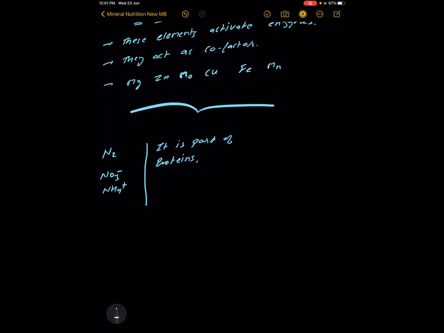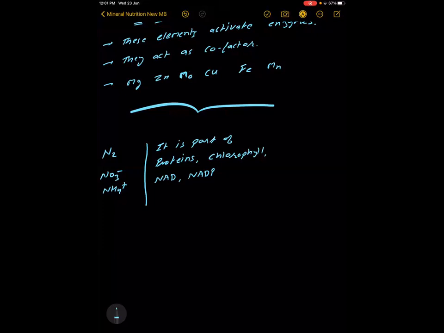It is part of chlorophyll. It is part of NAD and NADP. NAD means nicotinamide adenine dinucleotide; NADP means nicotinamide adenine dinucleotide phosphate.